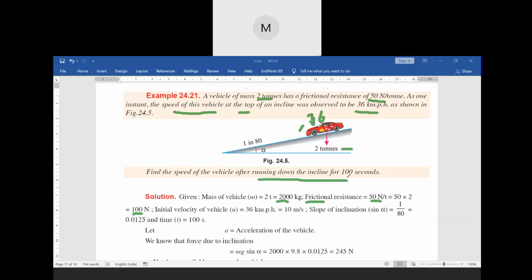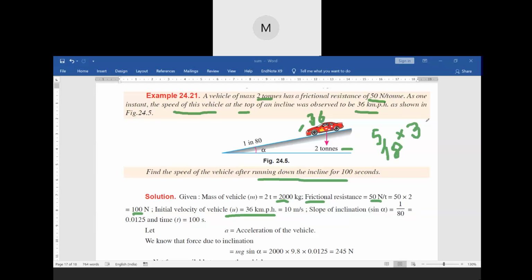Now let us discuss one thing first of all. We got the initial velocity u equal to 36 kilometers per hour. Now there is one formula. If the velocity is given in kilometer per hour, there is one shortcut. You have to multiply it by 5 by 18. Do you all know this shortcut? Suppose here it is 36.